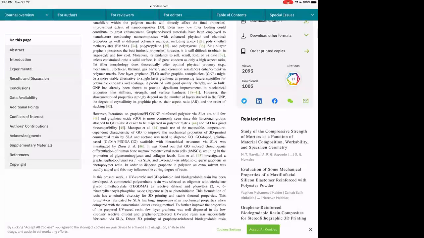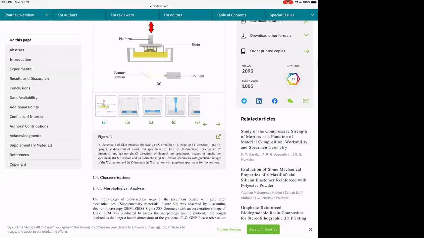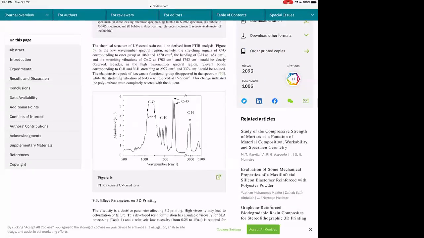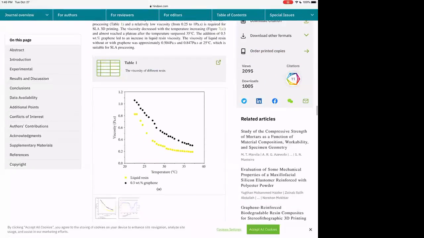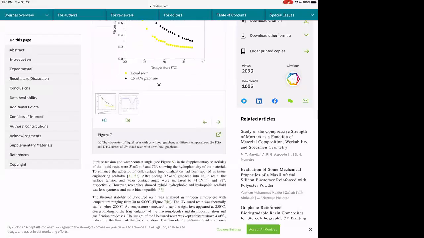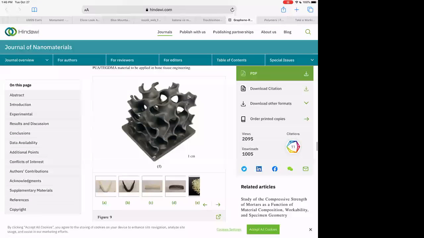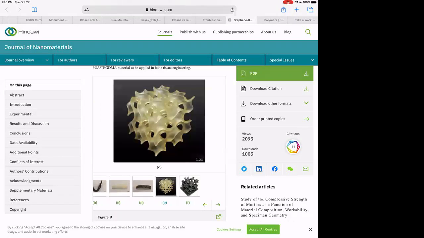If you look through the figures, they talk about making an SLA resin, how they formulate it, some printing characterization, which is cool, and we'll talk a little bit more about that. But they're producing structures. Let me first go to the pictures of the structures. They're producing SLA structures with this intricacy, and this is 0.5 weight percent graphene in an SLA resin compared to this type of structure that doesn't contain any graphene.